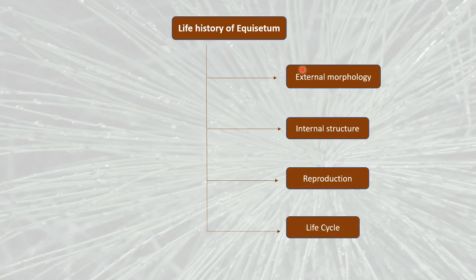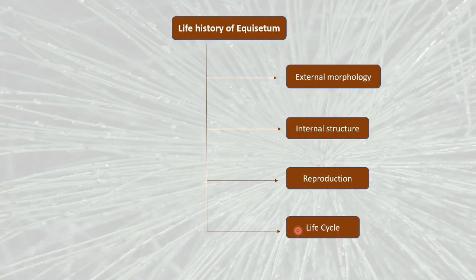First we are going to understand the external morphology, then we will understand the internal structure of its parts, that is stem, root, and rhizome, right? Then later on we will look into the reproduction part, and lastly we will understand the life cycle.